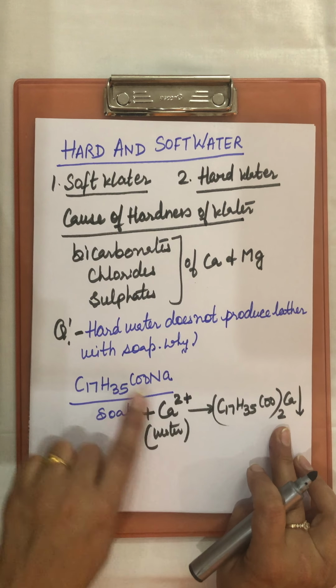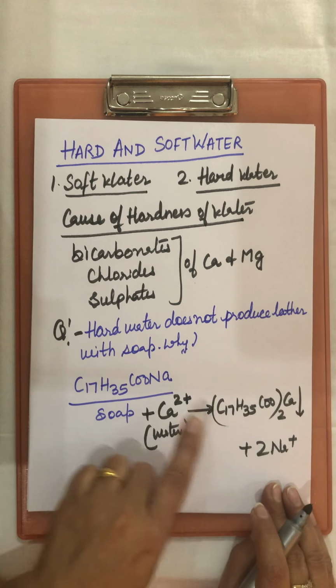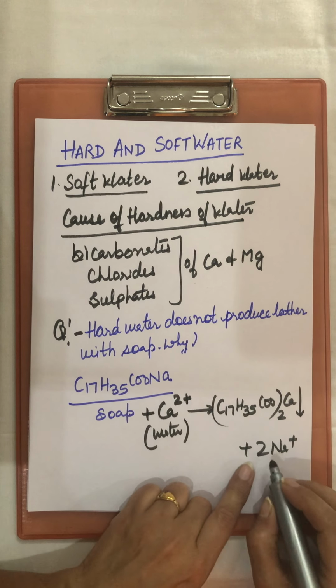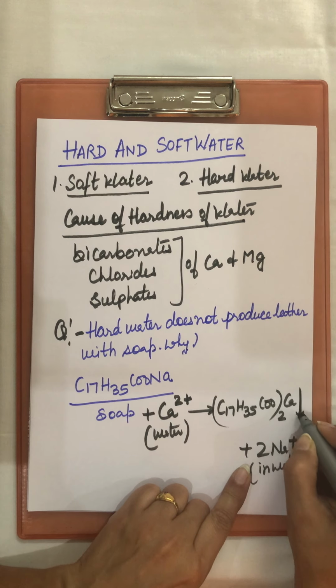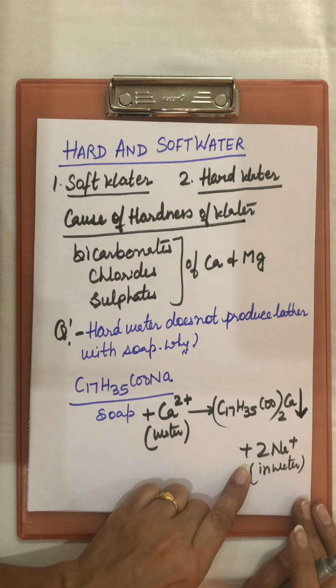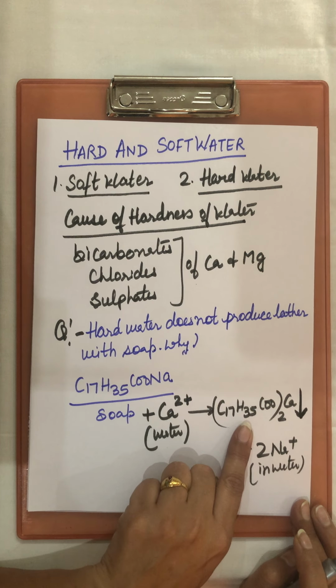This reacts with the soap and forms this compound, and from the soap, sodium comes out and goes into the water. This compound is in the form of a scum or precipitate. So the soap is not dissolved in the water. Instead, it is in the form of precipitates.